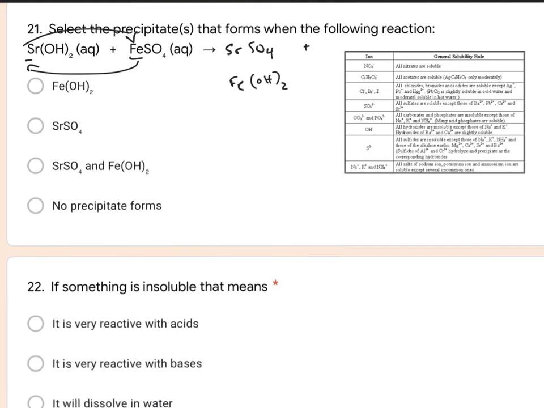So it's insoluble, so this one should be a solid, plus FeOH2. Well, there's no rules here on iron, but there is a rule on hydroxide, and they are insoluble. So both of these, the way that this works out, are insoluble, so they're both solids. I said that wrong earlier. So it should actually have been both of them in this particular problem.